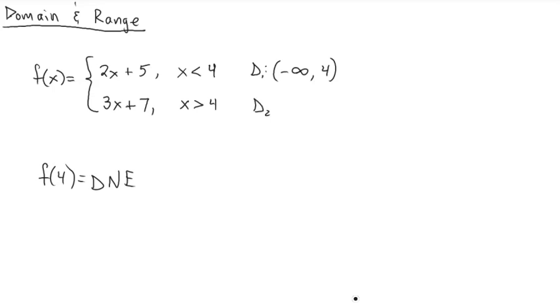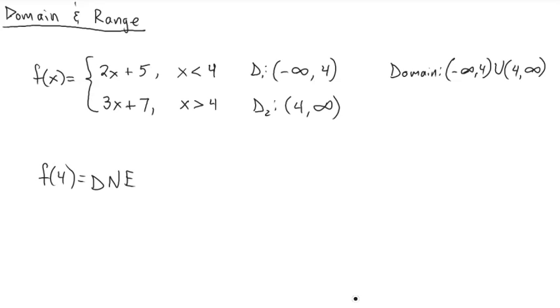So the domain of the second piece starts at 4 with a parenthesis and goes up to infinity. And so the domain of the overall function, the domain of f of x, is negative infinity up to 4 union 4 up to infinity.